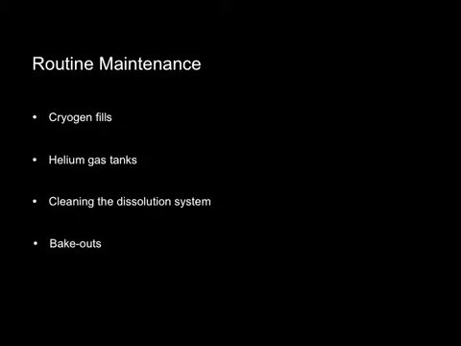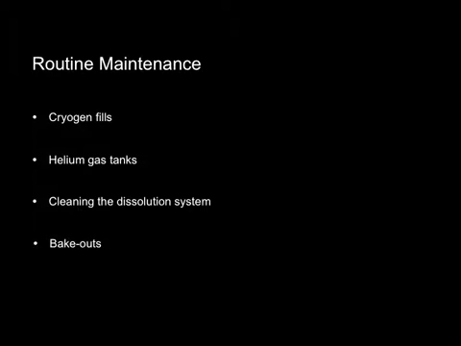So just one last thing, I guess, is be aware of the routine maintenance that's required: cryogen fills, changing the helium gas tanks, cleaning the dissolution system. That's actually after every single dissolution. And then doing a bake out every once in a while is important. You'll find that after you've loaded like 50 samples or so, the minimum temperature that the system can reach starts creeping up.